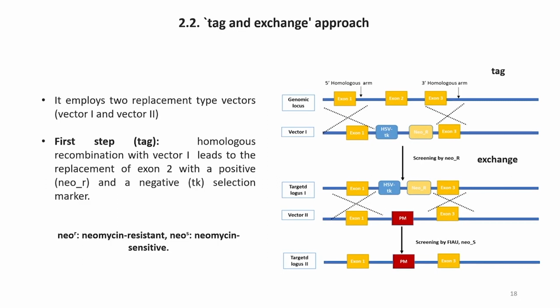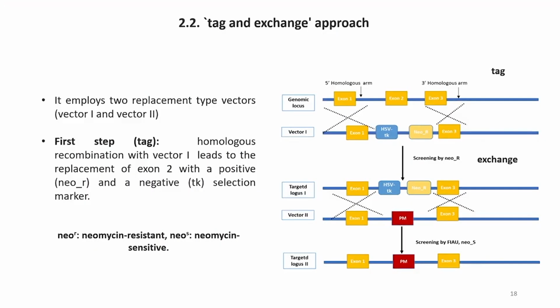Let us discuss the second approach, which is the tag and exchange approach. In the tag and exchange approach, you can see here there is a vector 1 and there is another vector 2.